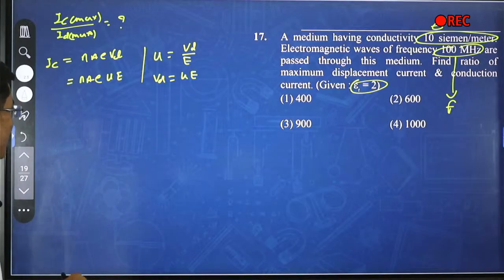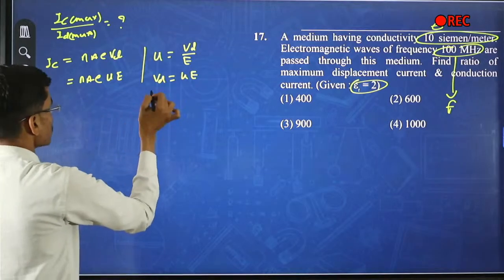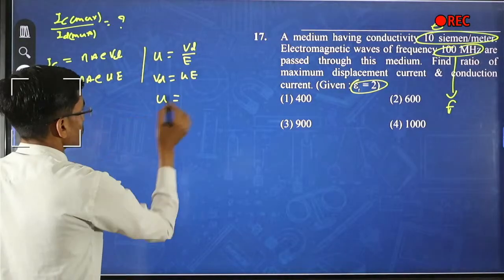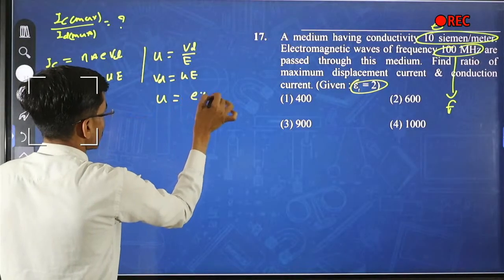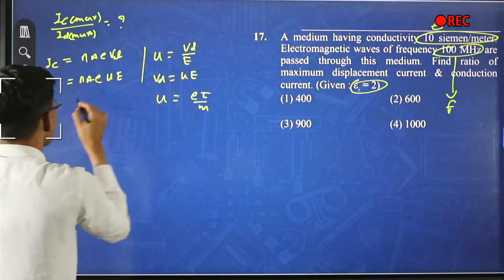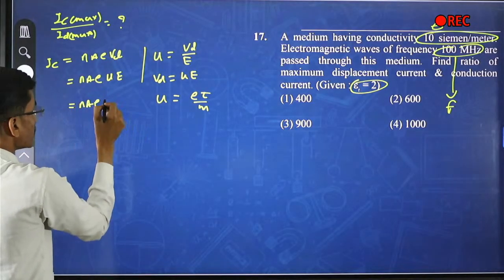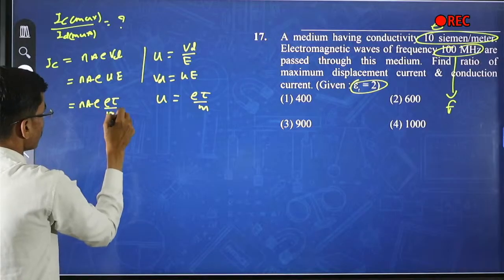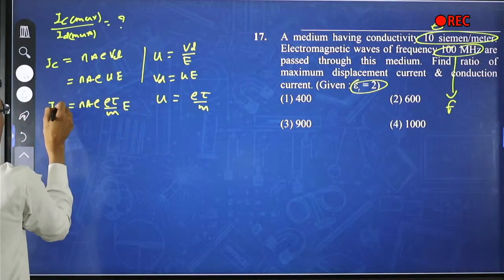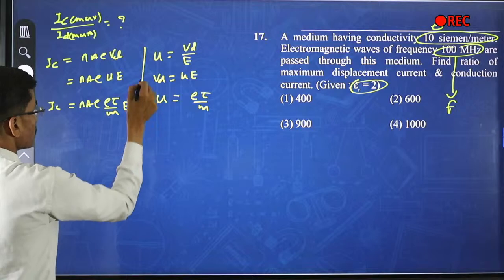Further, mobility can be written as mu is equal to e tau by m. Put the value of mobility in this equation. So IC is equal to N A e squared tau by m into the electric field. This is conduction current IC.